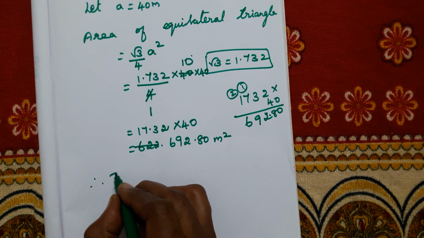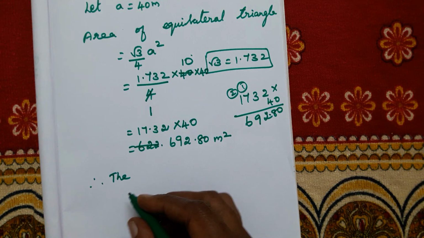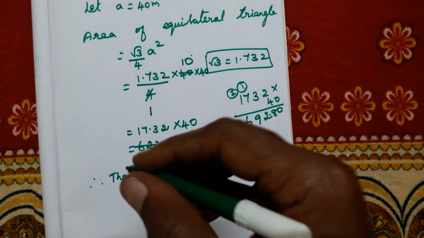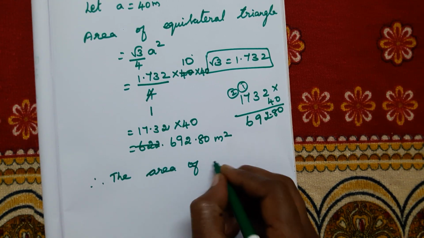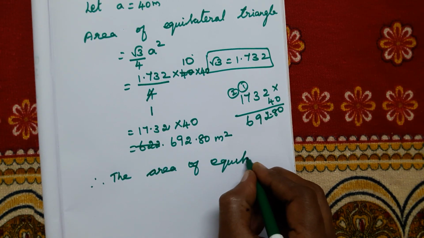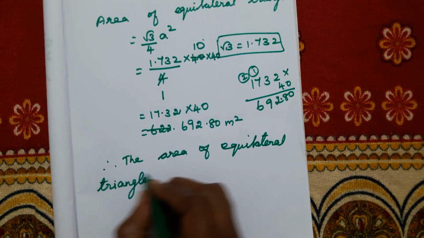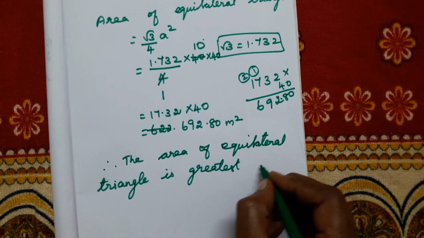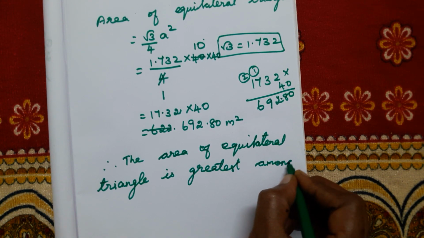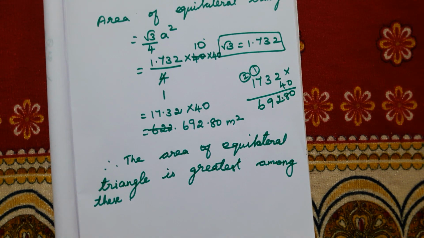Therefore, the area of the equilateral triangle is greatest among these.